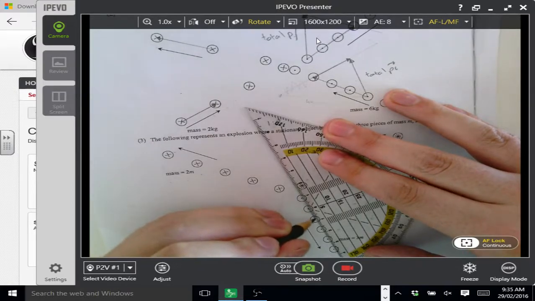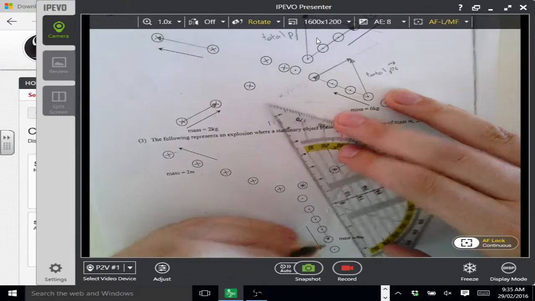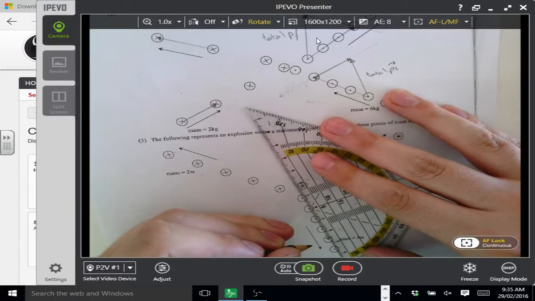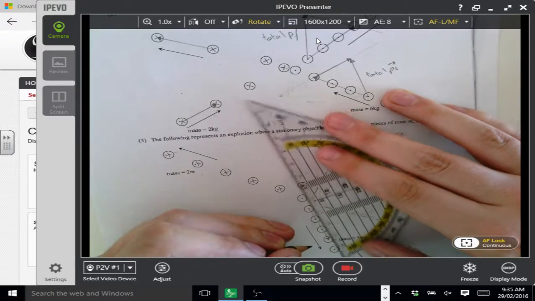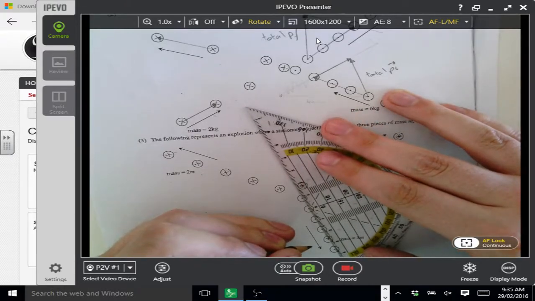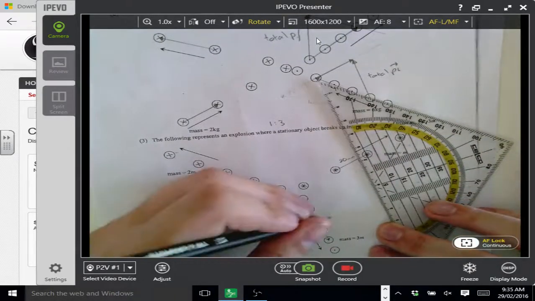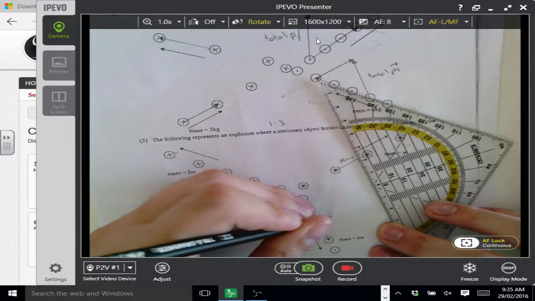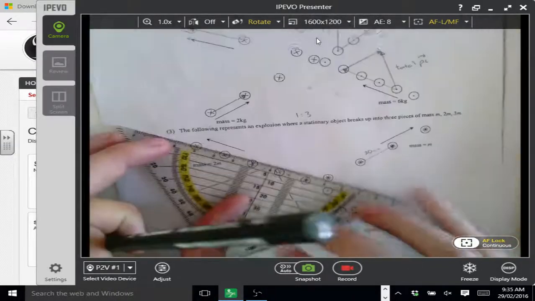So 1, 2, 3. Okay. Oops, measure it from there. Just measure the length of these for now. I'll say that's 27 mils. Okay, in the final one, you need 2 of these.